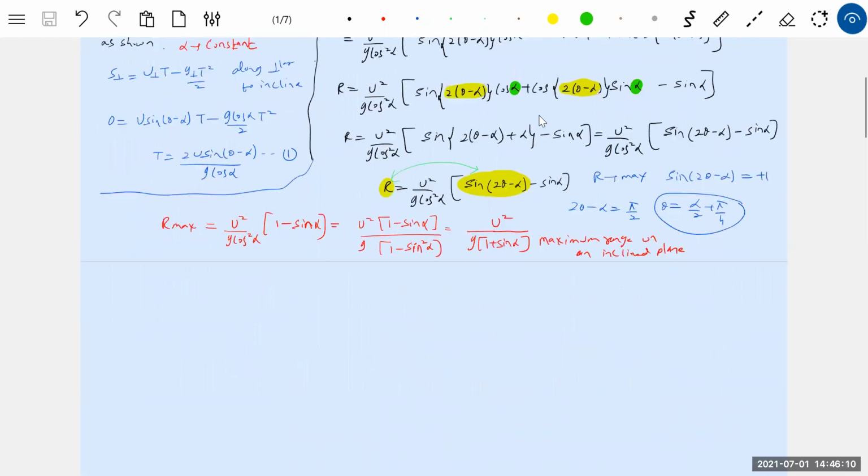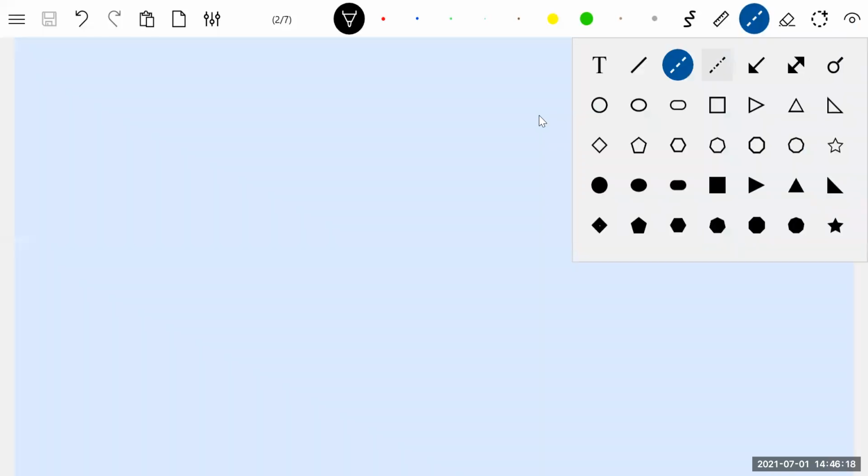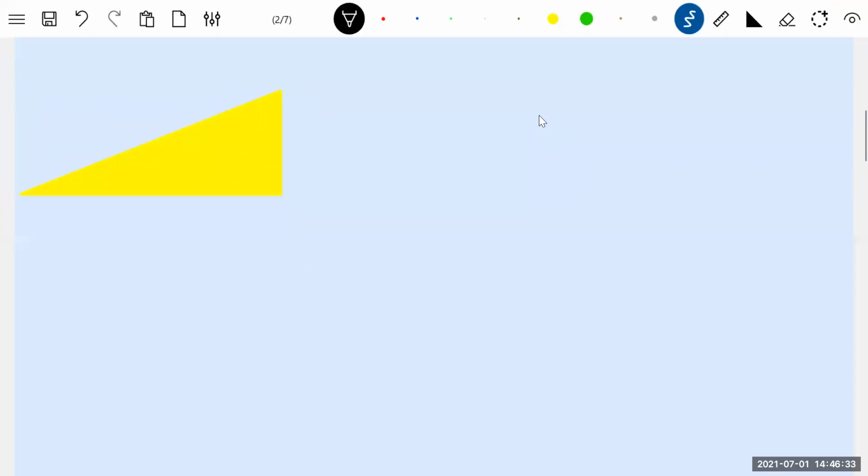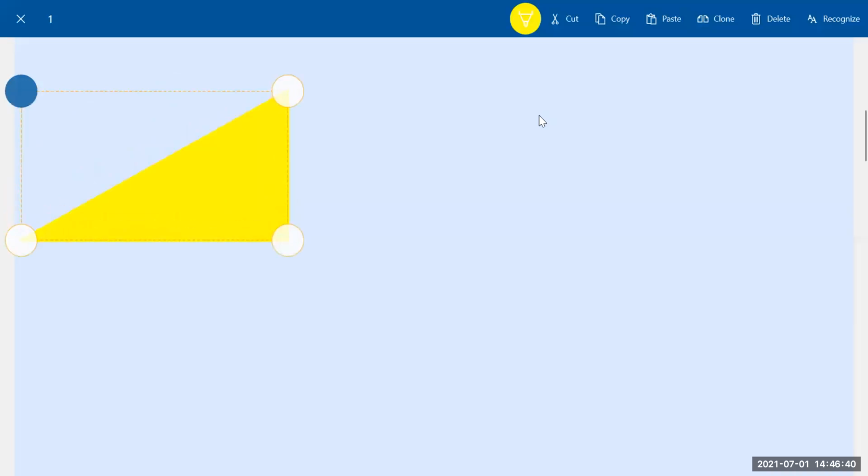Now, similarly, can we go for the maximum range down the incline? Let me set the diagram.